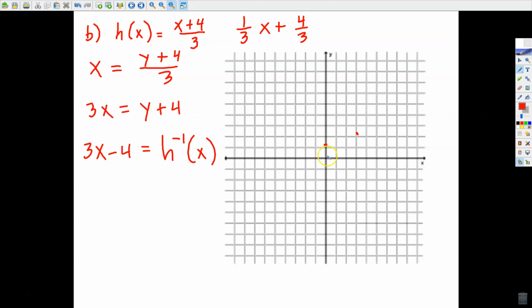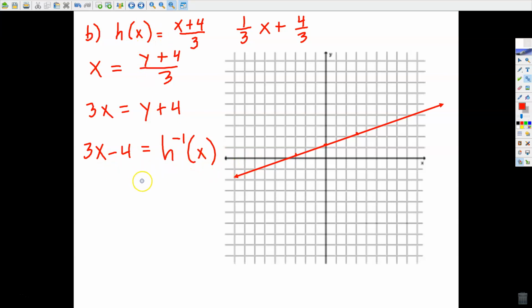Or if you want, you could go down 1, left 3. And do your best to draw a straight line through those points. All right, so the red will represent the original h function.